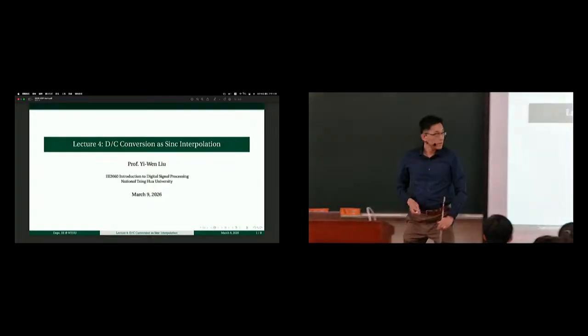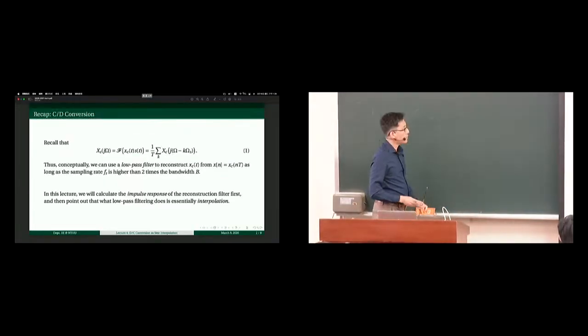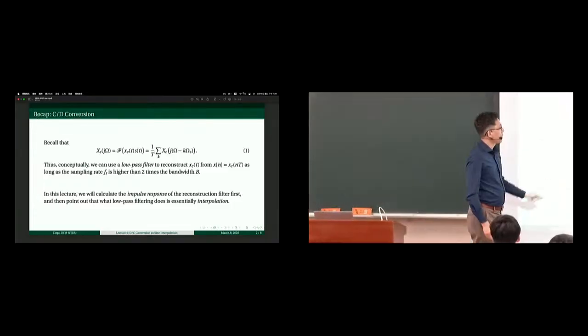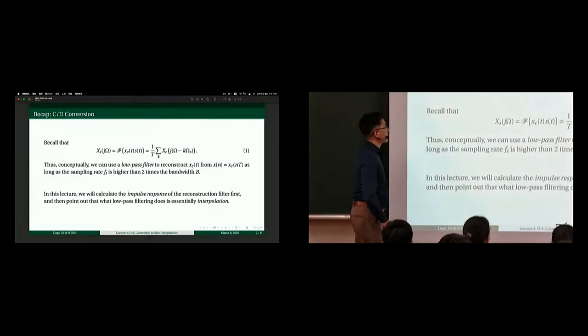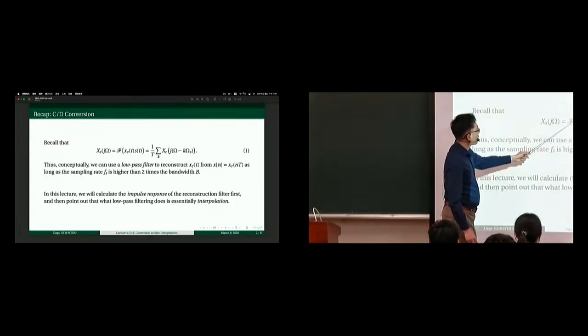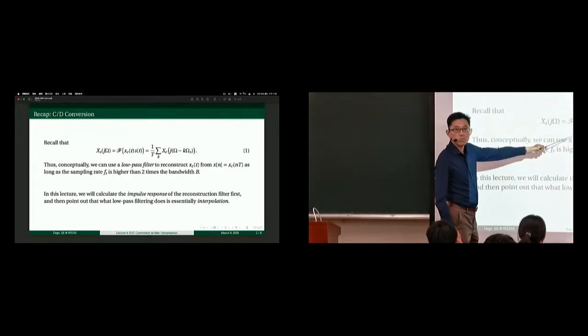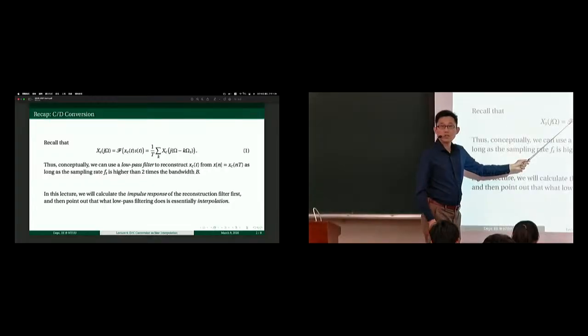Okay, so chapter 4, D2C conversion. As a bit of a recap, we have learned the effect of sampling in the frequency domain. You're given an original signal in continuous time, and we sample it by multiplying our signal with S of t, and take the continuous time Fourier transform.